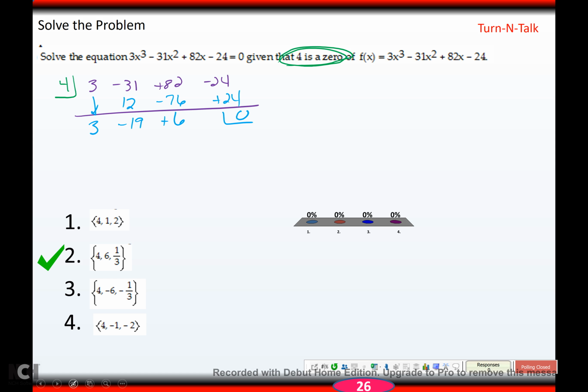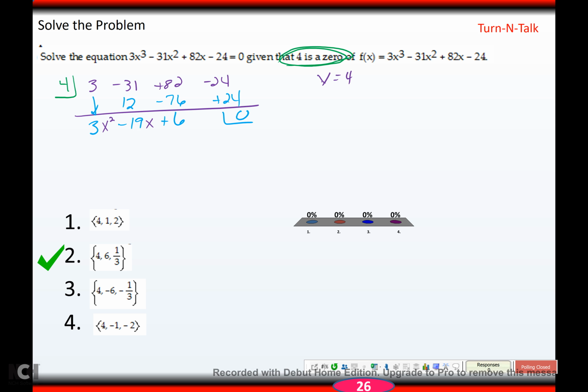So that depresses my third degree function down to a second degree function. So 3x squared minus 19x plus 6.